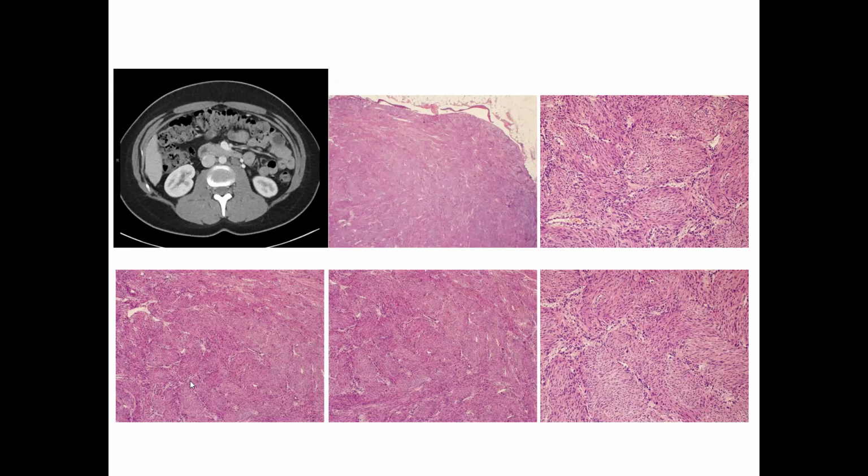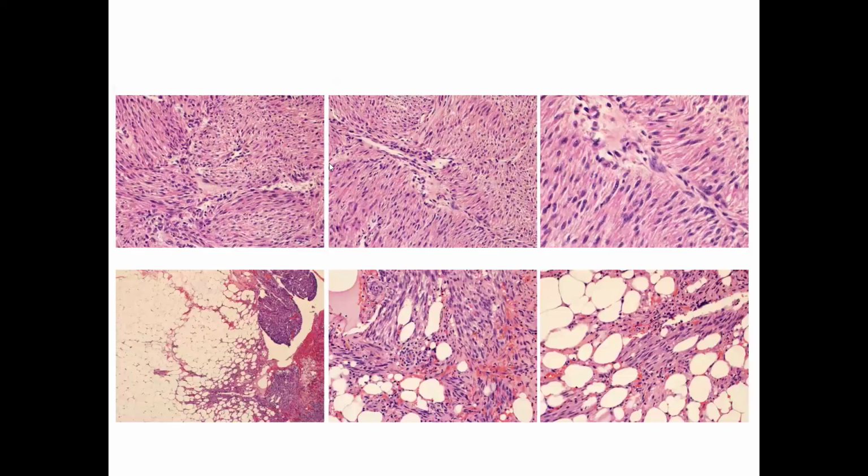Even on low power here, this is not the usual appearance of a leiomyoma. The fibers are shorter. It's almost nodular. The shorter fibers give it a vague nodular appearance. And even on high power, you can see the thick-walled blood vessels with the nodularity and the short fascicles.